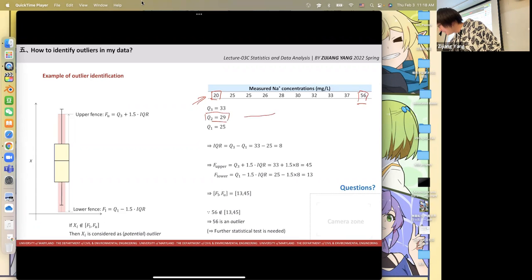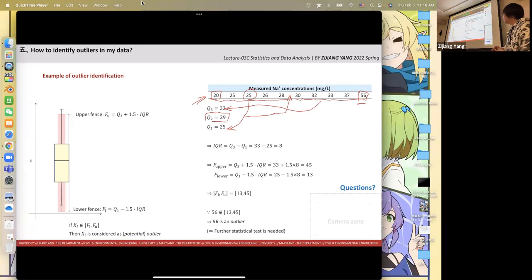I think it is here because there is an even number of values, so we just take the average of the two middle ones. For the lower half, we can find the median, which is this one, and for the upper half, we can find the median, which is this one. So we can find the maximum, minimum, Q1, Q2, and Q3.